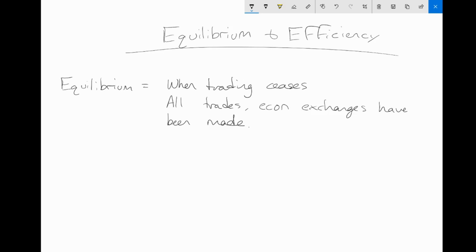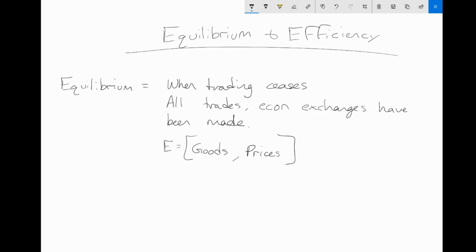An equilibrium is characterized by the goods that consumers will consume, like the quantity of goods that they'll consume, and the prices at which those goods are traded at the equilibrium.